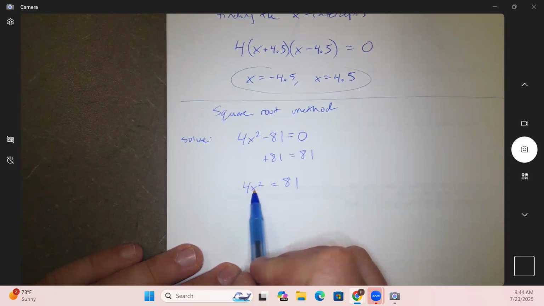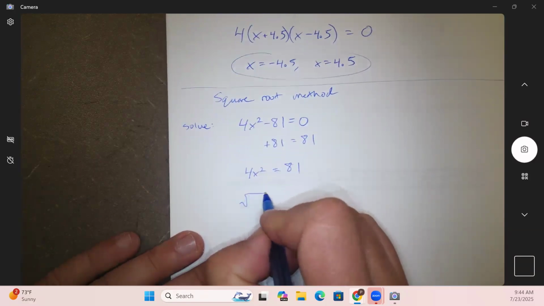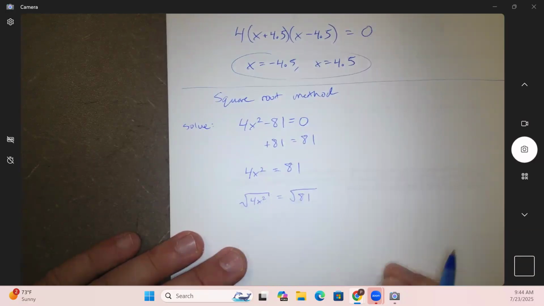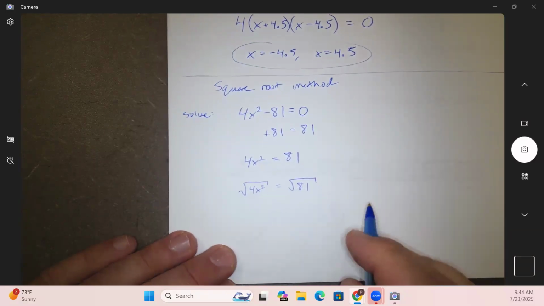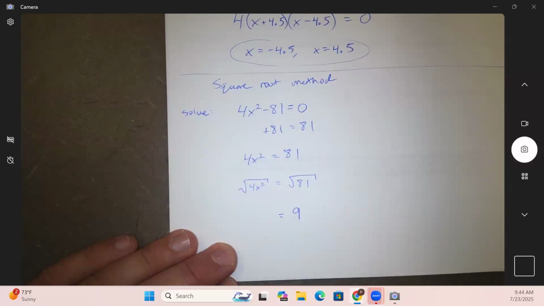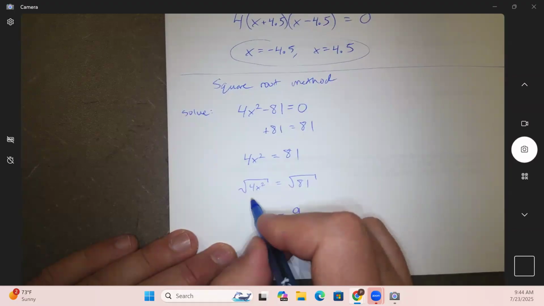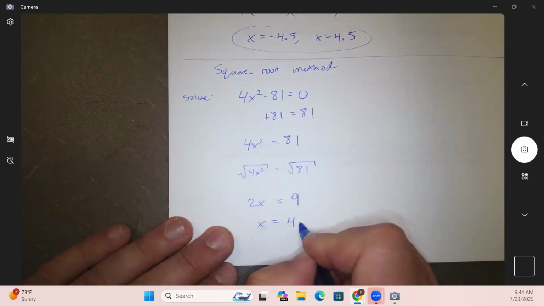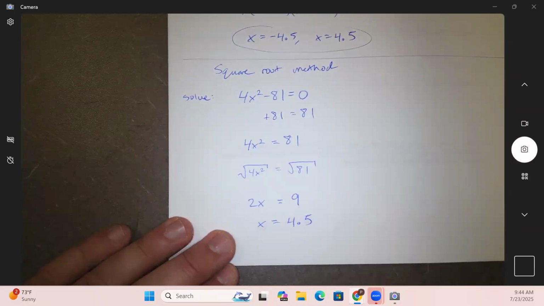I'm going to take the square root of both sides. So the square root of 4x squared should equal the square root of 81. I grab my calculator and find out the square root of 81 is 9, and the square root of 4x squared is 2x. So x equals 4.5 because 9 over 2 is 4.5.